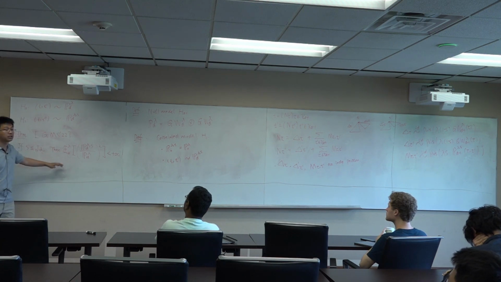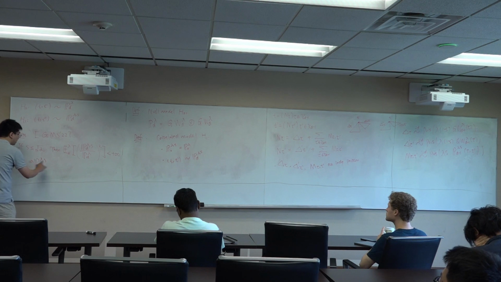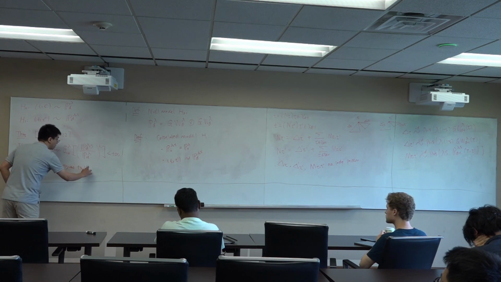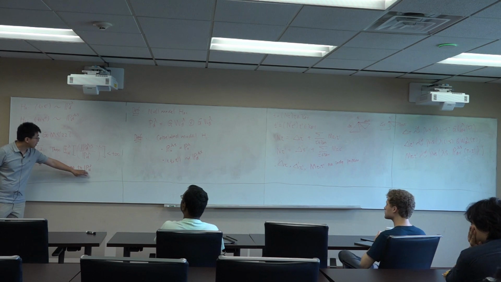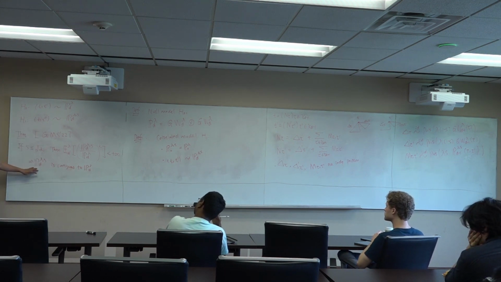And when it's bounded, this implies that this distribution is contiguous to the null distribution. Meaning that if you have an event that holds with high probability here, it will also hold with high probability here.